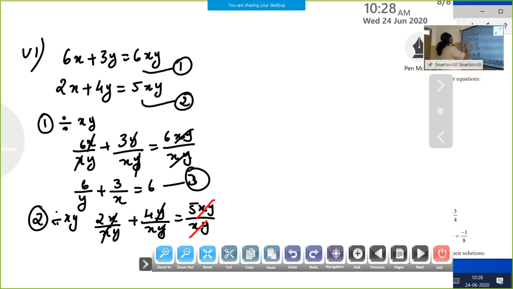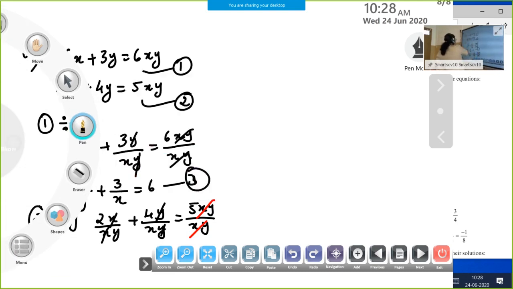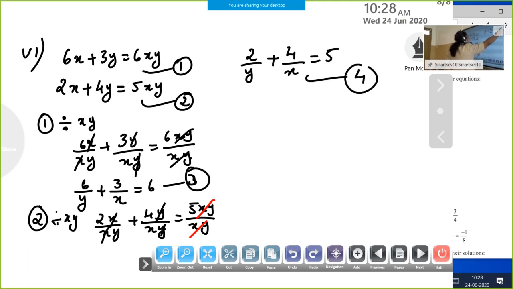That means 2 by y plus 4 by x is equal to 5. This is equation number 4.